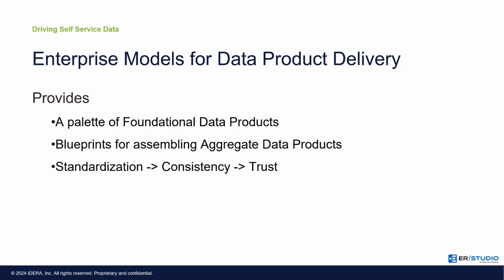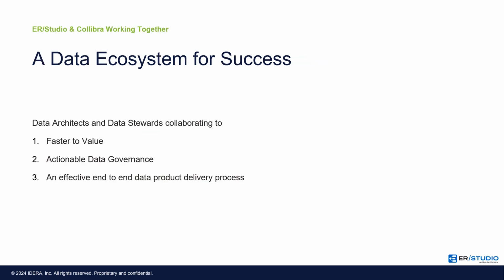We're using these enterprise or common models to form a palette of foundational data products so that we're ensuring that we've got standardization and consistency across our data products, which means that we're improving quality and trust in our data products.